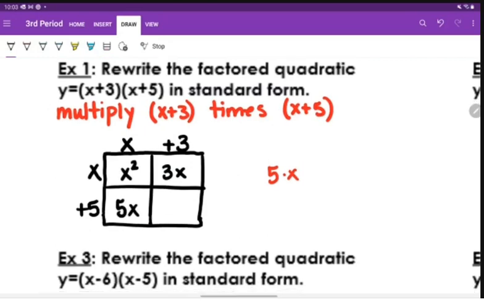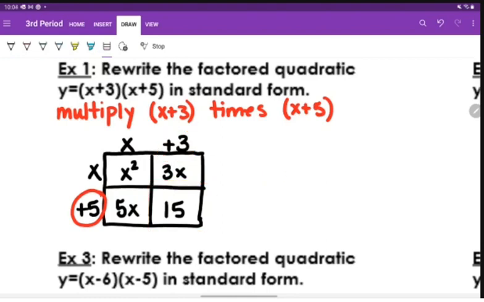And finally, on the bottom right, to fill in this part of our grid, we're going to be multiplying together positive 3 times positive 5. Now, don't let these plus signs confuse you. We are not adding, we are multiplying. This whole process is a multiplication process. So we're multiplying positive 3 times positive 5, and down here in the bottom right, we get positive 15 in that box.